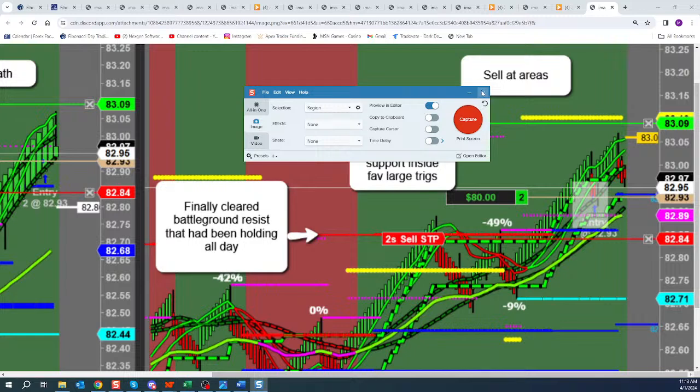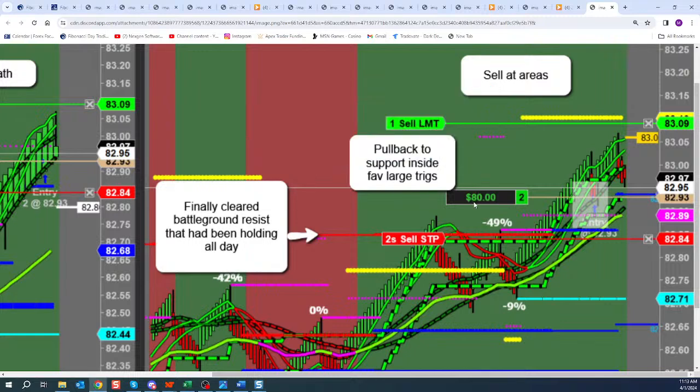And I'm not saying that this isn't a trade. I'm not saying that you're not doing great things. But what I'm saying is that you say that you bought a pullback to support inside of favorable large triggers, but the reality is you bought a pullback almost a full point away from an area inside of favorable large triggers.